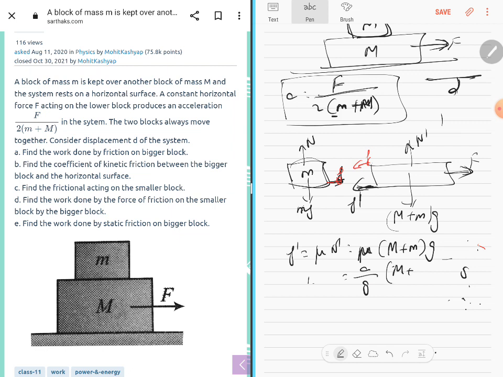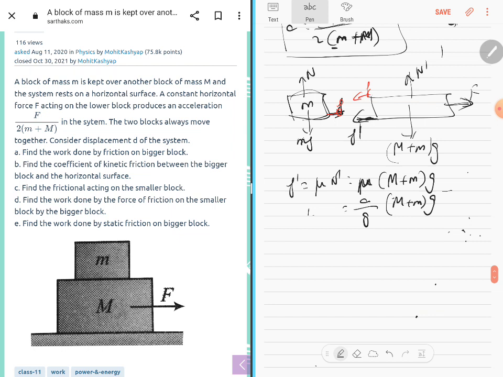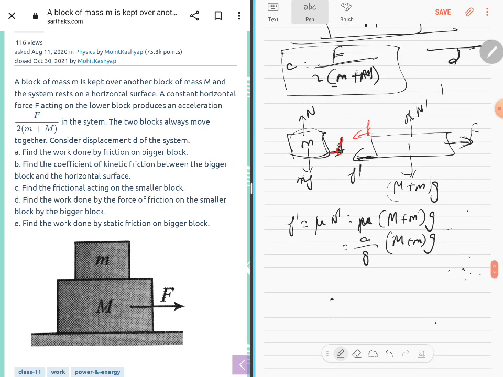Because when it is accelerating, you know that the frictional force is equal to mu into normal reaction, which is mu into mg, which can also be equal to ma. So m and m get cancelled, so mu is equal to a by g. Whenever there's an acceleration, you remember this formula. But already you know the value of a, which is given in the question.